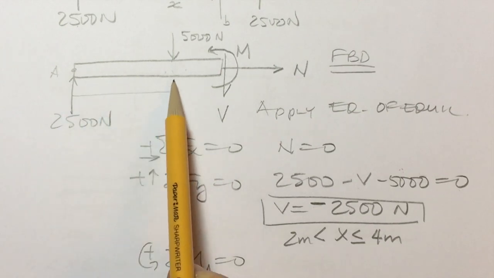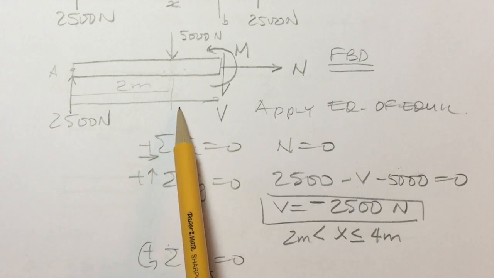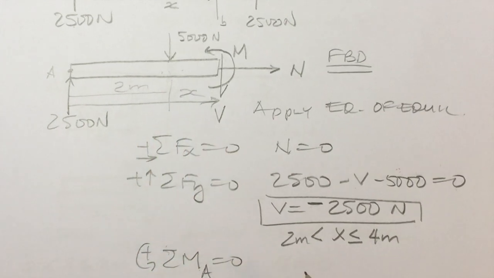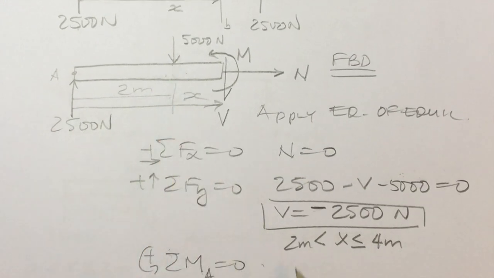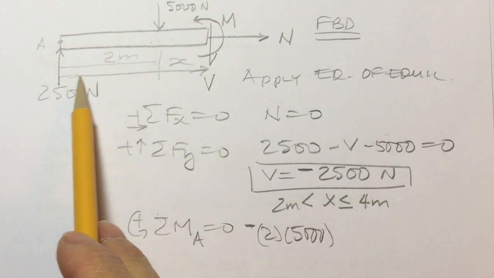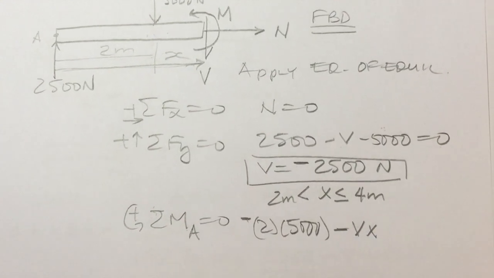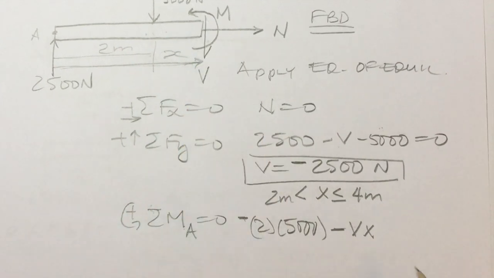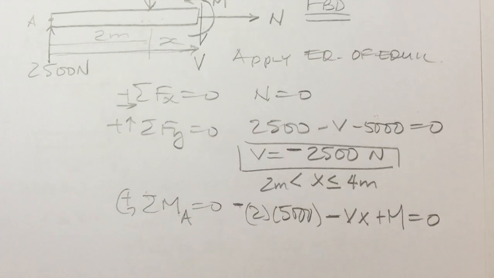I have this moment arm, which is 2 meters, and this moment arm, which is X. So that would give me 2 times 5,000, which gives a negative moment. X times the shear force V would give me a negative moment as well, so it would be Vx. And I have to add this moment. It's on my free body diagram, and it's positive. So that's equal to 0.